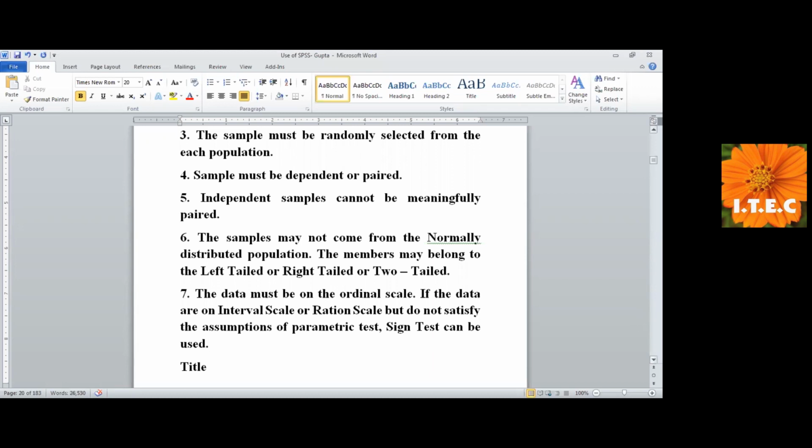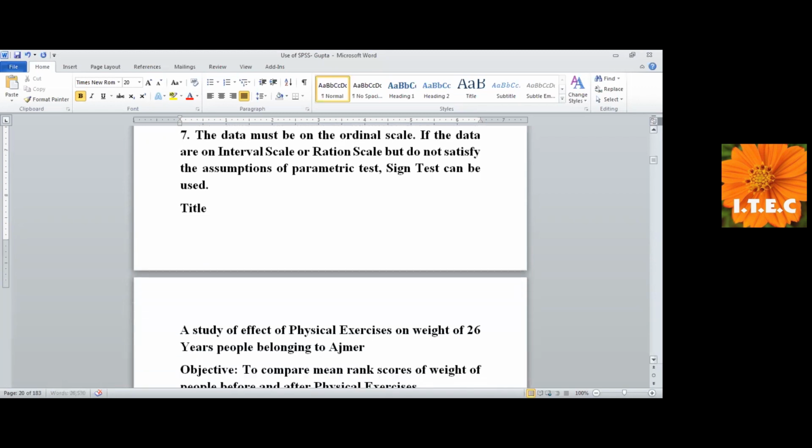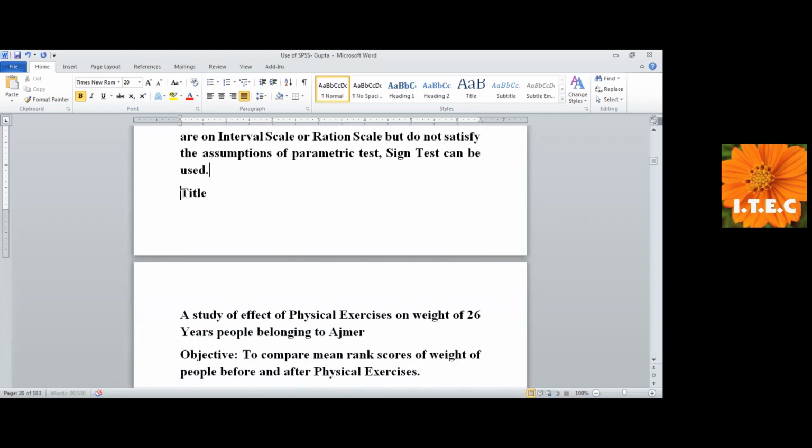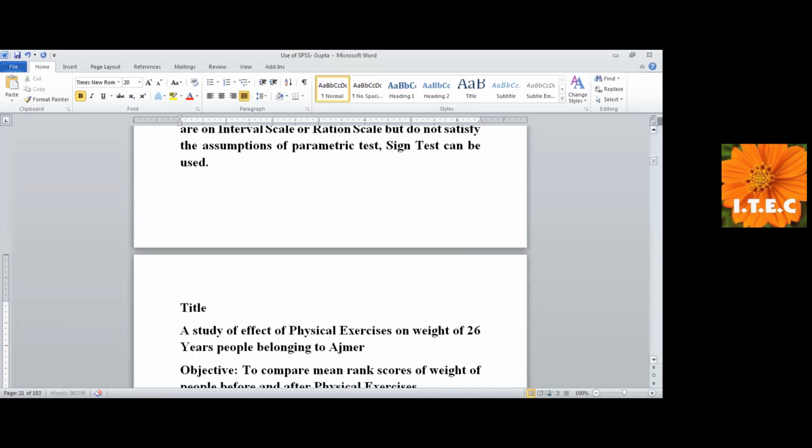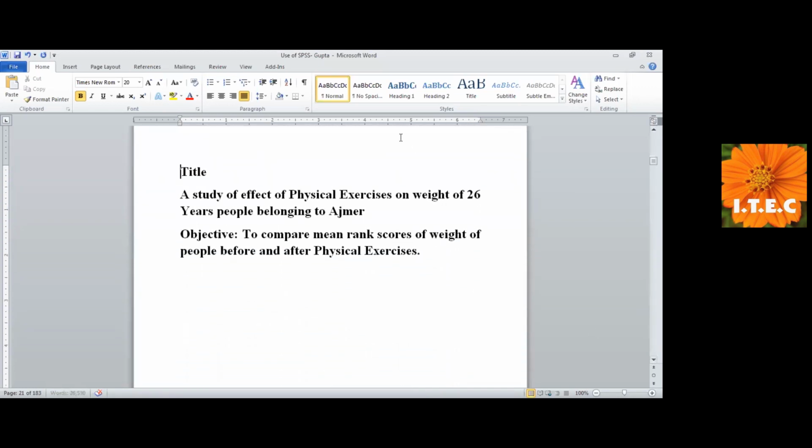And now let us go ahead. If this is my title and this is my objective, then what can be my hypothesis? Navita, I will tell you.